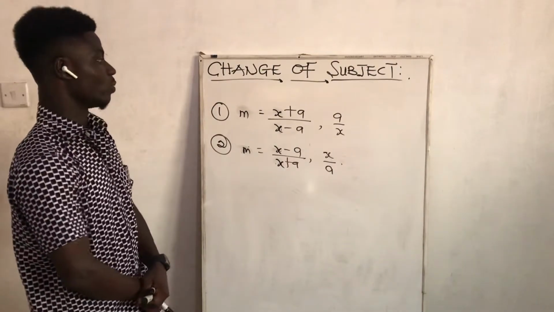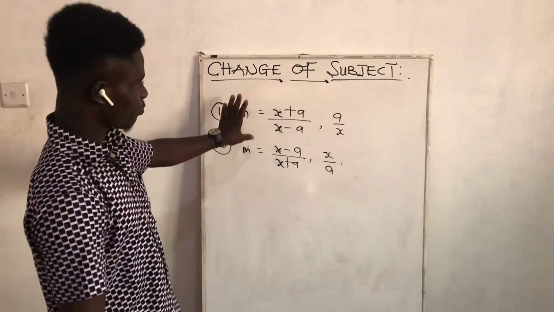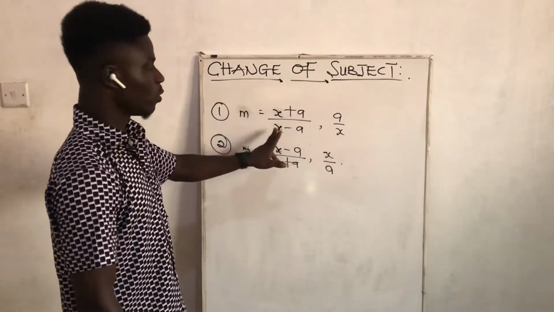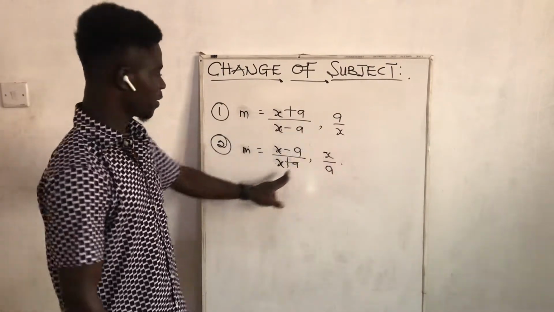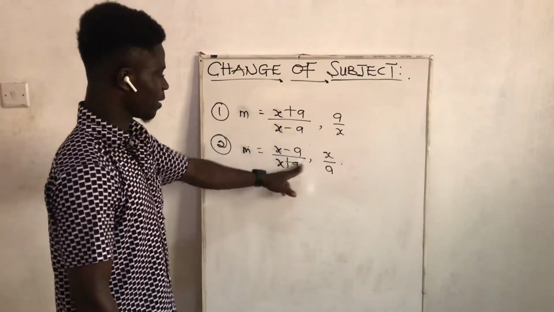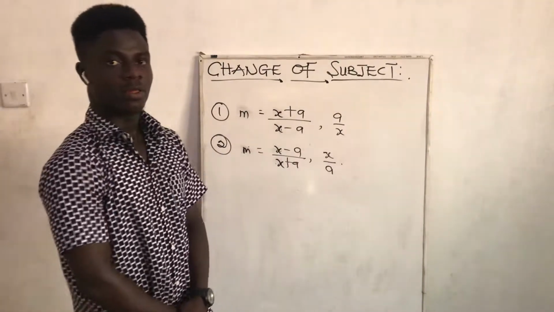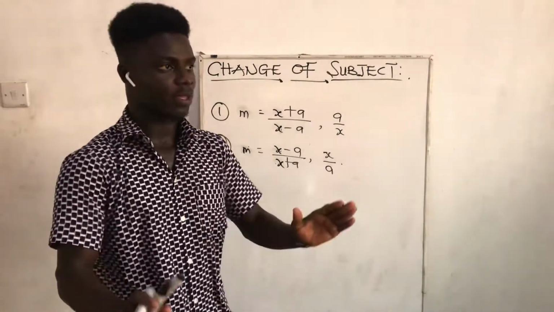That's the correction I want to make. The real question is m equals x plus a all on x minus a. You have to make a on x the subject. Then m equals x minus a all on x plus a. You have to make x on a the subject. So that's the corrections. Alright, thank you very much.